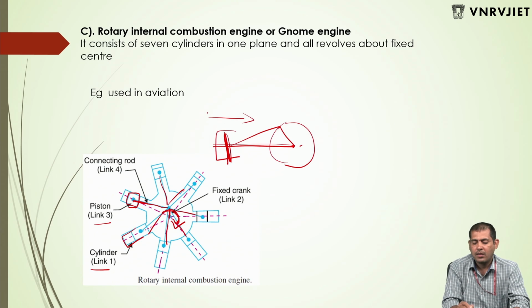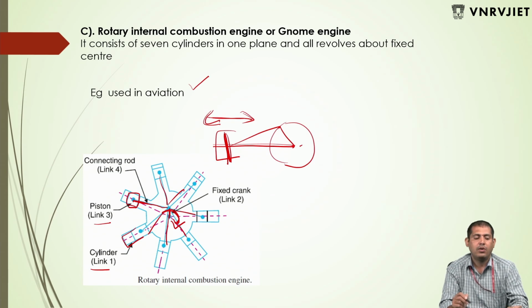That's why we call reciprocating engines partially balanced engines. Here these inertia forces are not present, meaning they are completely balanced with the help of opposite cylinders. So for high speed applications where we want to reduce vibration, we can use this kind of Gnome engine.